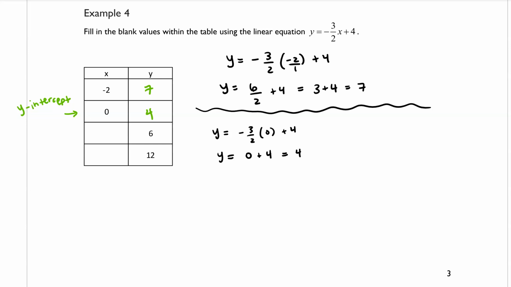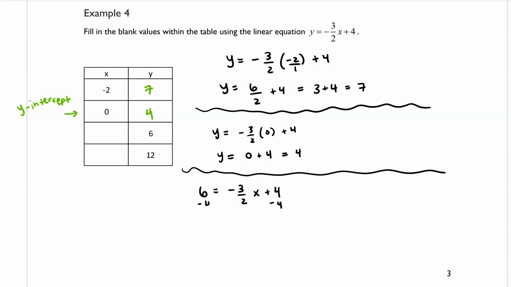Now, in the next row of our table, our y value is 6, and our x value is the thing that we want to solve for. So I'm going to set y equal to 6, and our goal is to solve for x. From here, I'm going to subtract 4 on both sides. So I get 2 = -3/2 times x.